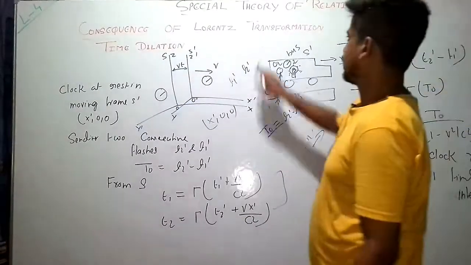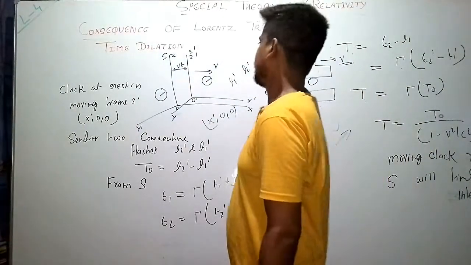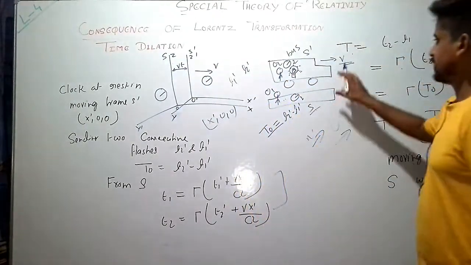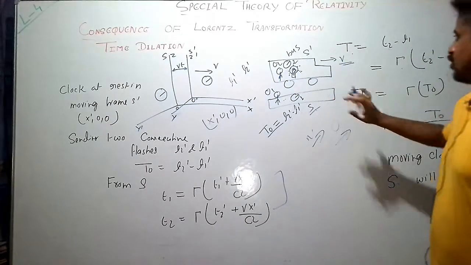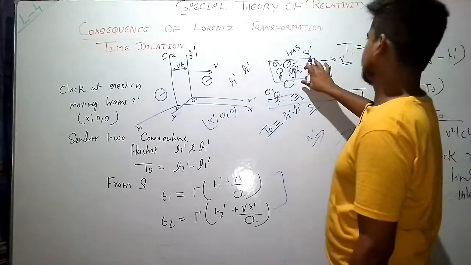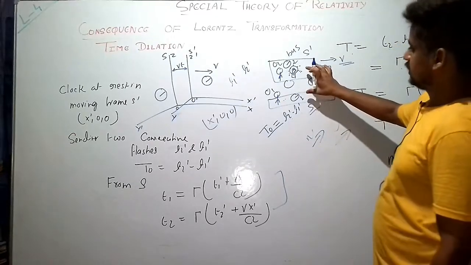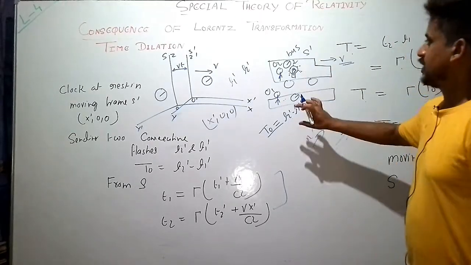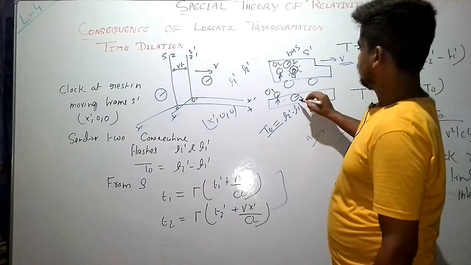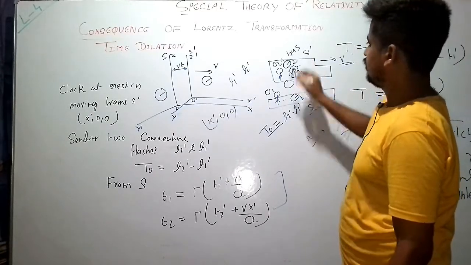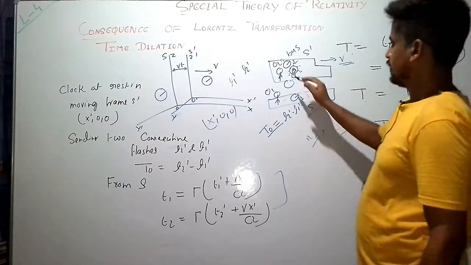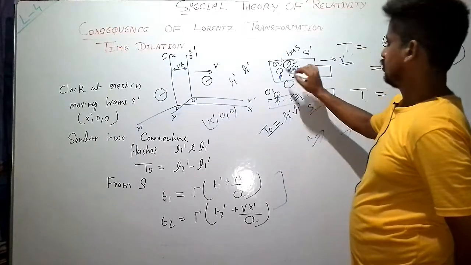Another strange prediction of the Lorentz transformation is time dilation. What is time dilation? Take the same example, moving bus and platform. The moving bus is the S dash frame, the platform is S, and in both frames there is a clock, C1 and C2, and there are observers O1 and O2.